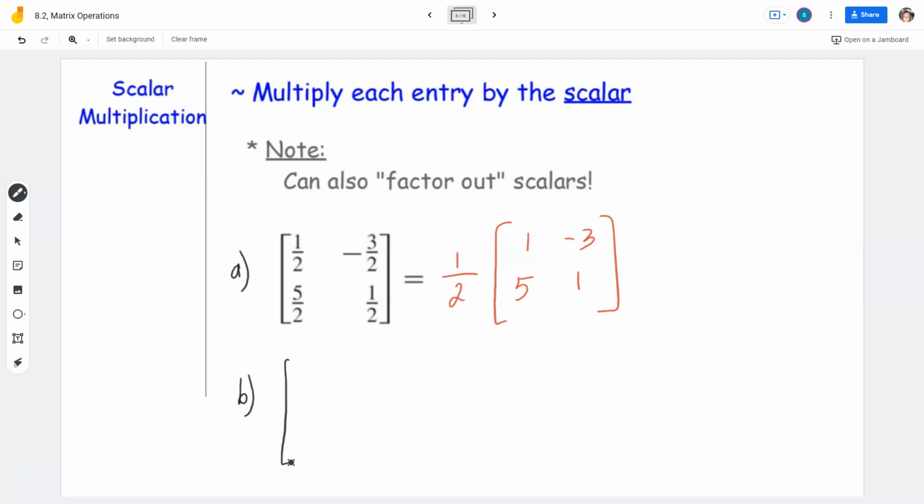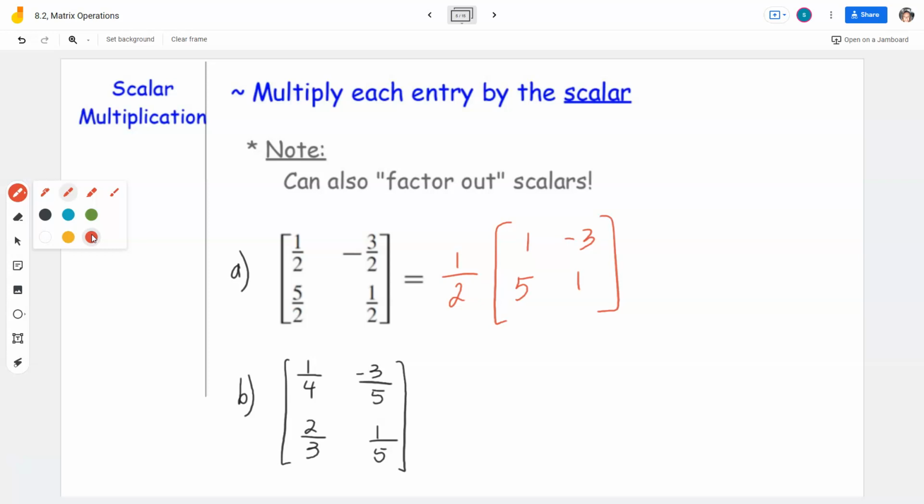Question. What if I was to have something like this, though? Make them all a common denominator. Well, what's my common denominator?